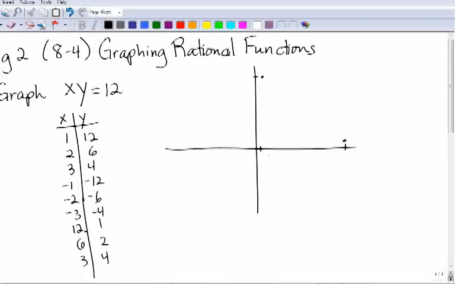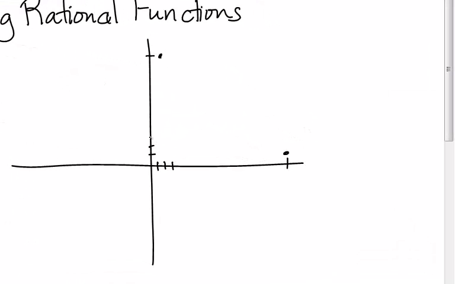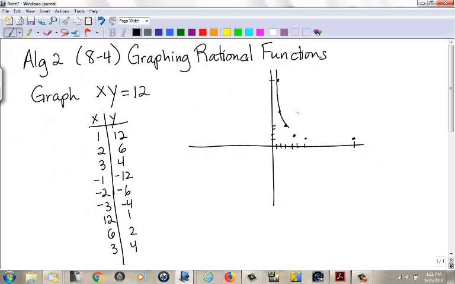So if we did 3 and then up 4, we'd be over here. If we did 4 and 3, we'd be over here. 2 and 6, we'd be up here. 6 and 2. And then if you do the negatives, you would be graphing in this one.